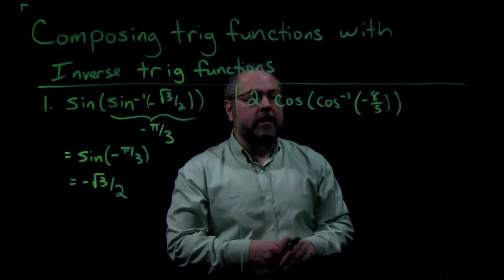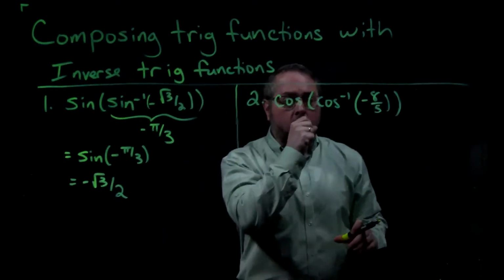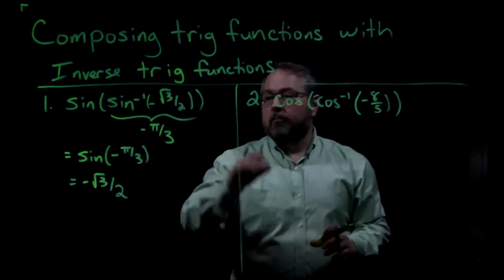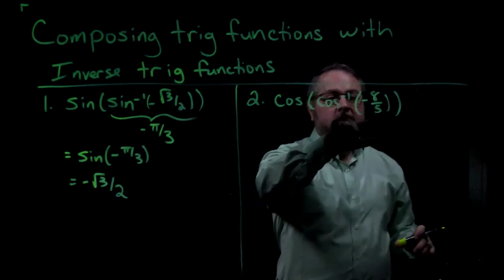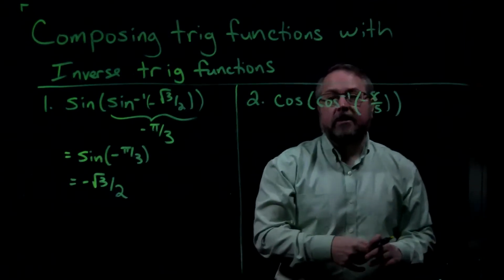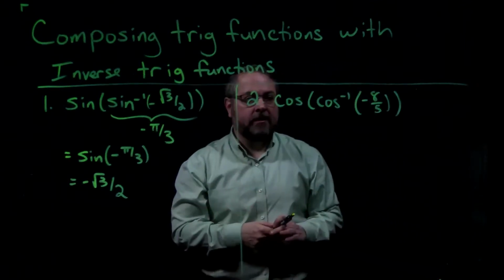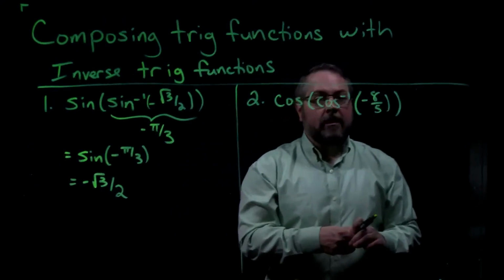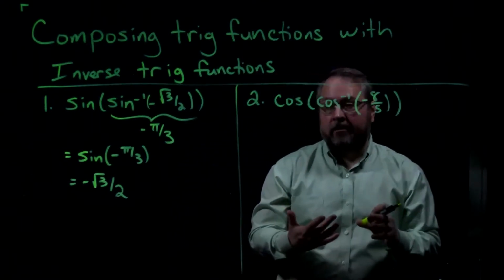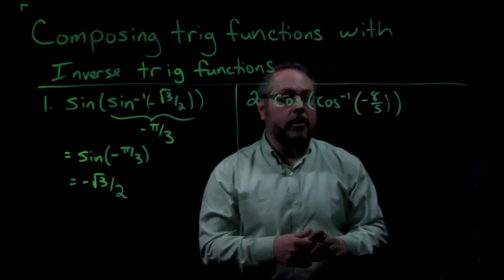If we think about this problem, we want to try to approach it in a similar way to the problem that we just did. However, the inside isn't something we can evaluate because the inverse cosine of negative 8 over 5 isn't easily calculable unless we have a calculator in front of us.